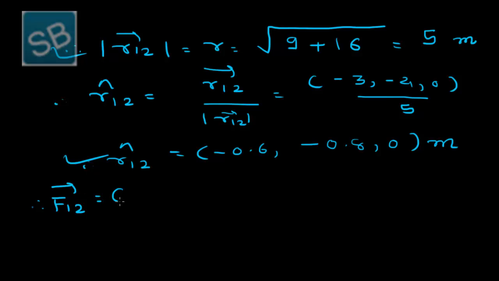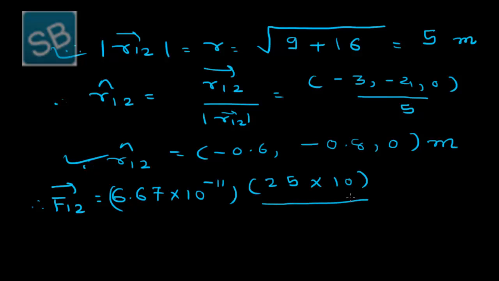Now the value of gravitational constant is provided, 6.67 into 10 raised to minus 11. The product of two masses is M1 into M2 divided by R square. What is the value of R? It is 5. So 5 square is 25 and the unit vector is (-0.6, -0.8, 0).